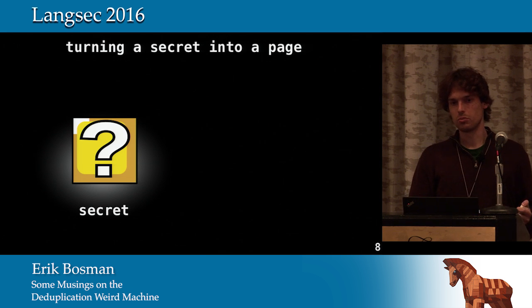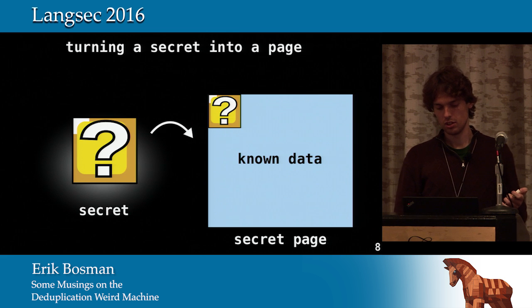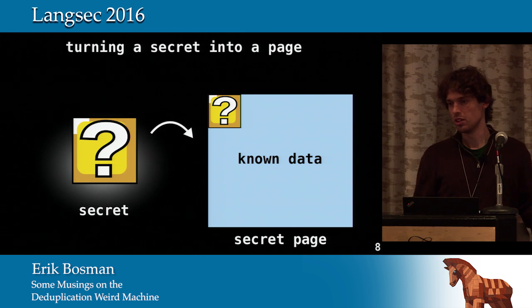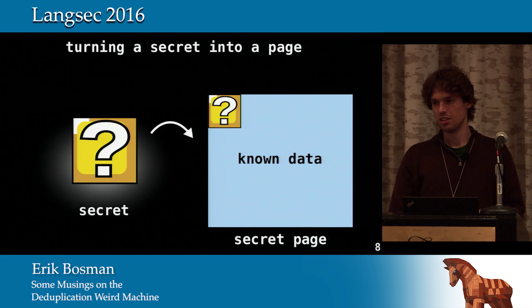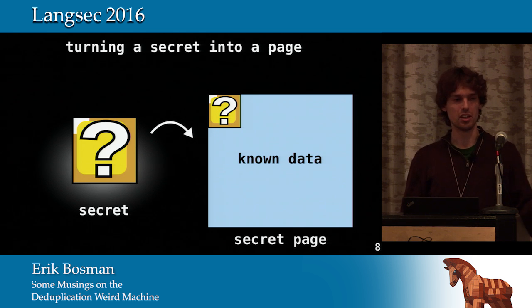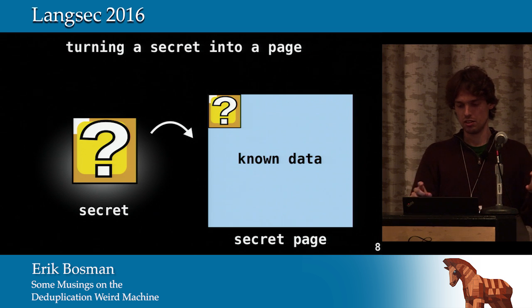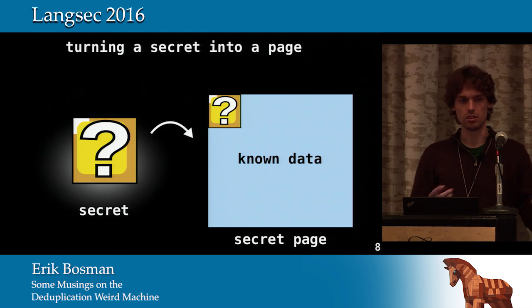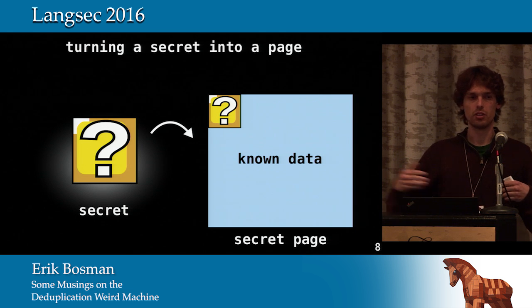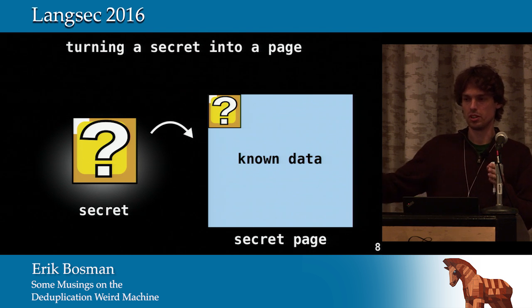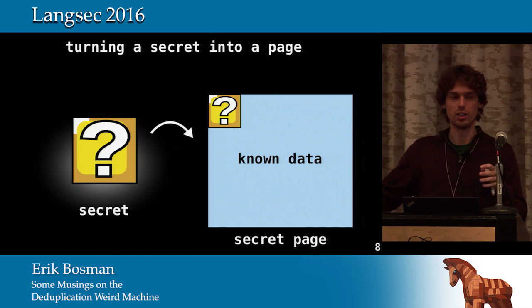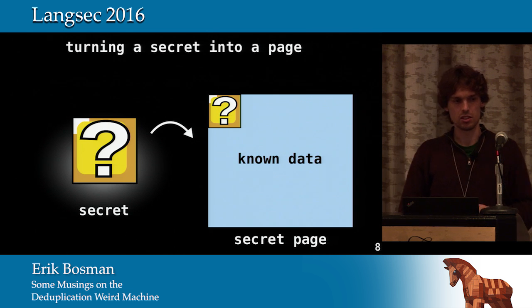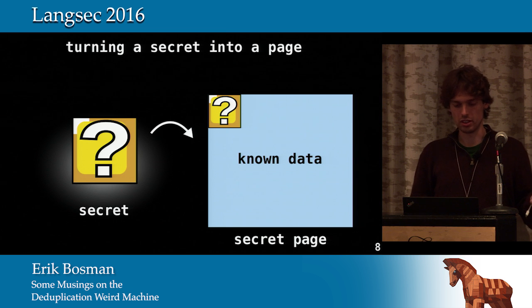This is not really something an application developer should have to worry about, that you cannot create a page with a secret in there and then some other data that an attacker can guess. You might have a socket and you write your data to the socket, and then it's written inside a buffer, but then you cut off just before the end of the page, and at the end of the page there's still some data you might want to leak. So this is not something an application developer should have to protect against.